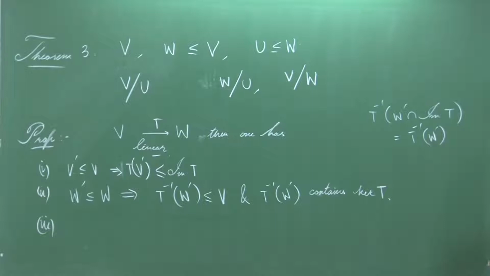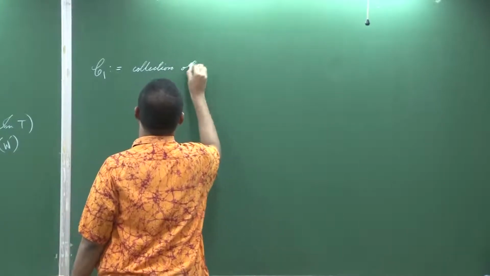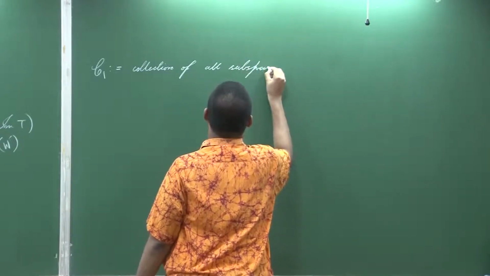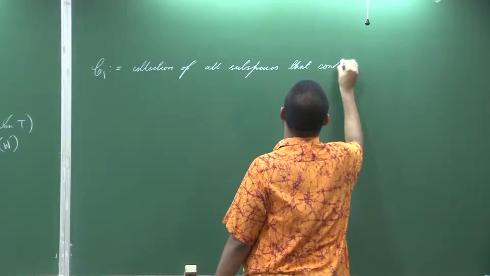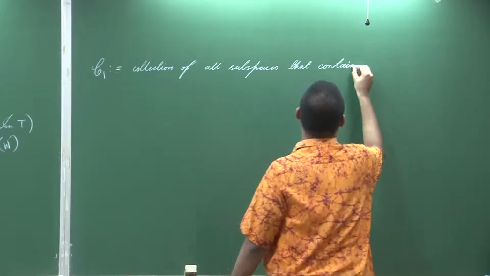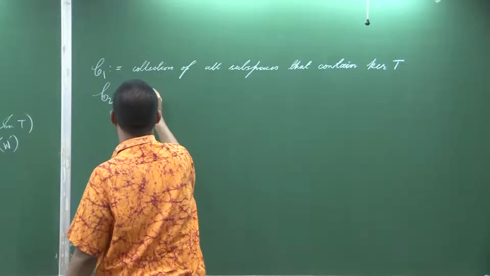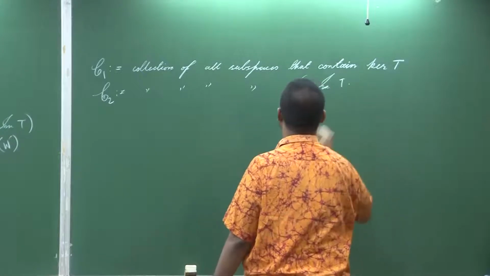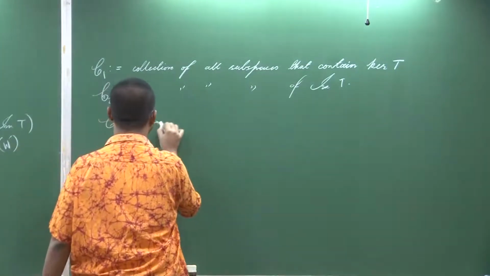Let C1 be the collection of all subspaces of V that contain kernel of T, and let C2 be the collection of all subspaces of image of T. We have already seen the following: from C2 to C1 we have a map.